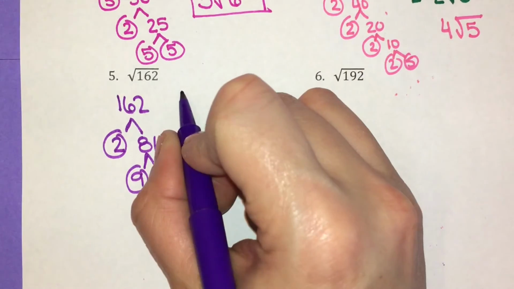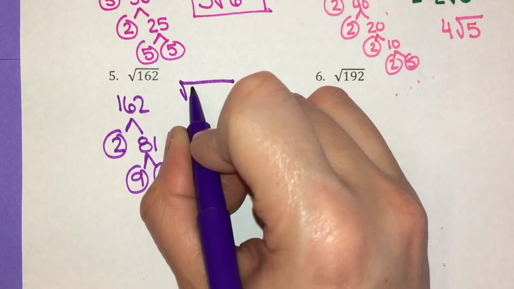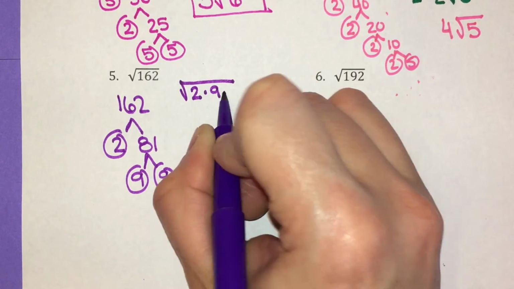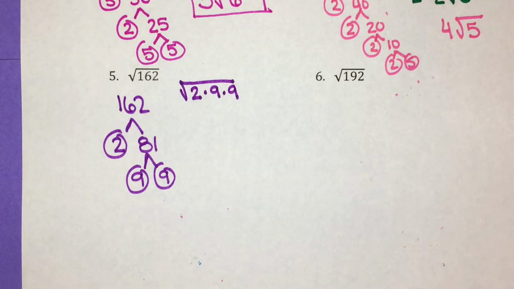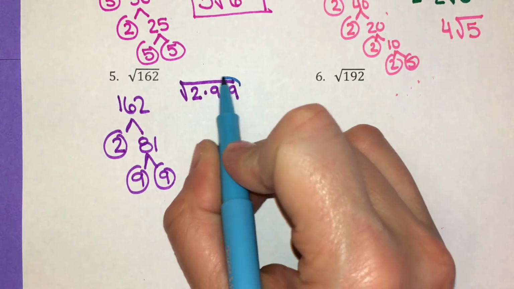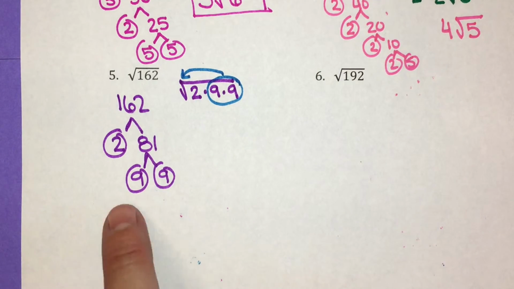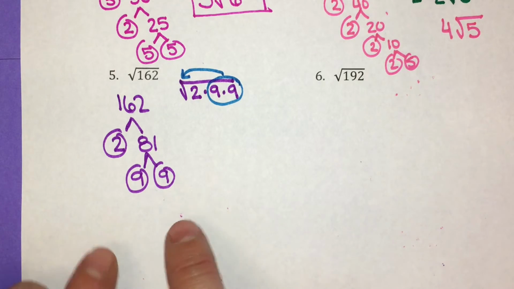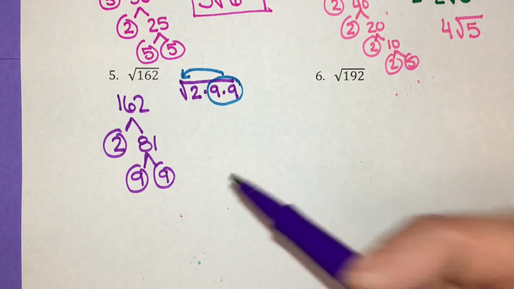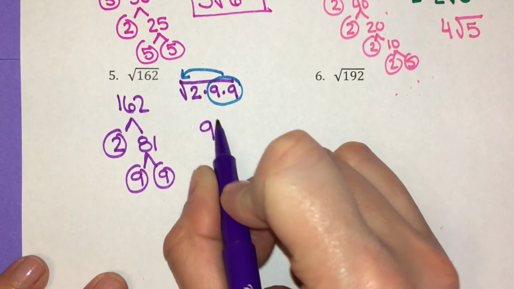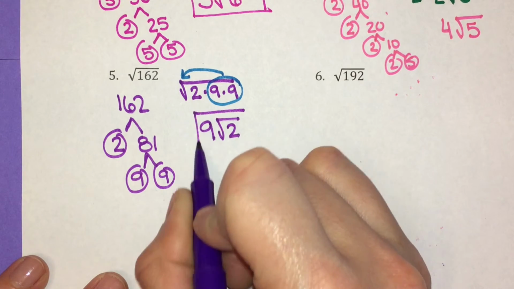But let me just show you if I stop here. It gives me the square root of 2 times 9 times 9. I have a pair of 9's multiplied by themselves, so they can come out. Yes, I didn't break it down to the prime factors, but I found something multiplied by itself. So a 9 comes out, and I'm left with the square root of 2.